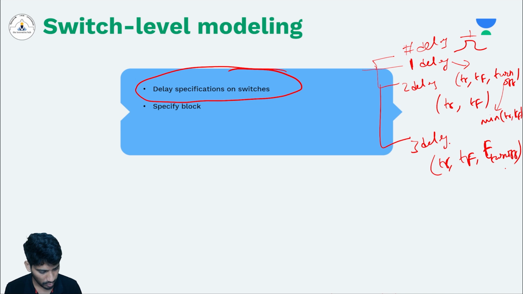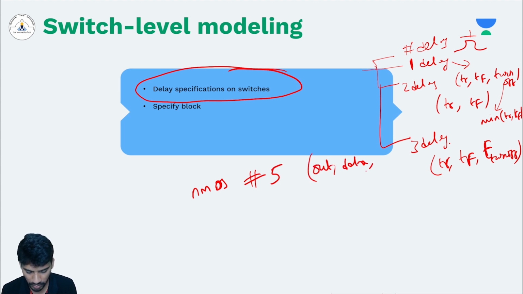Let's see the syntaxes to apply the delays. Let's say I want to apply a delay to an NMOS like this. NMOS, if I am applying only #5, and then writing out comma data comma n control. What does this mean?